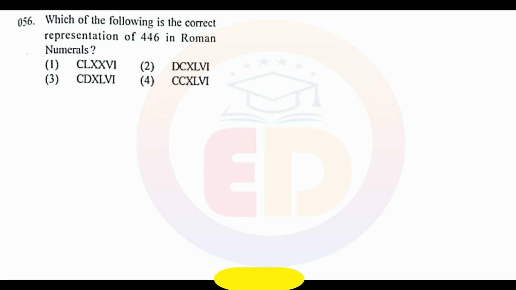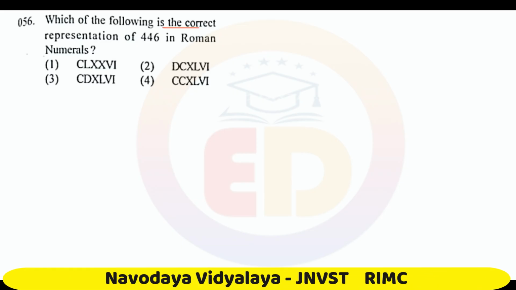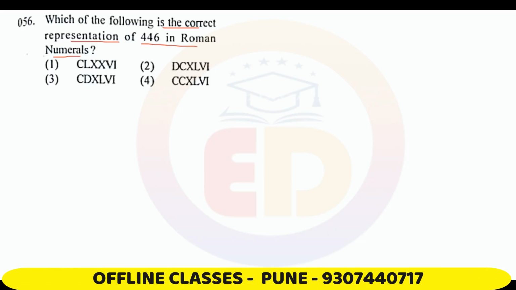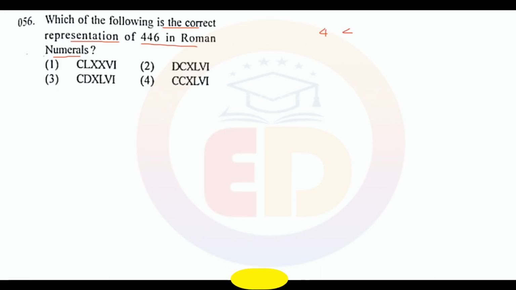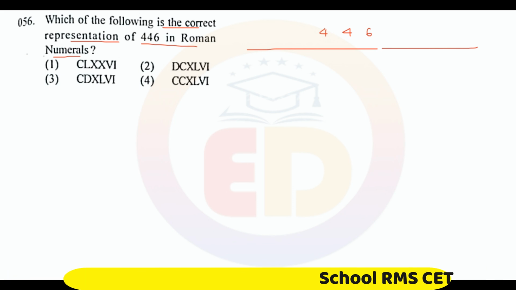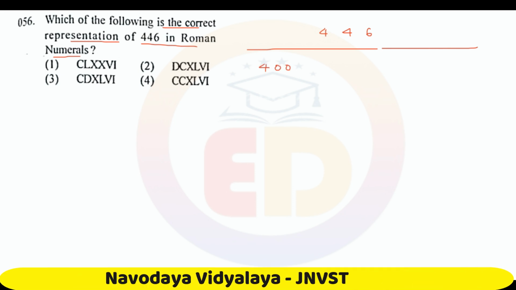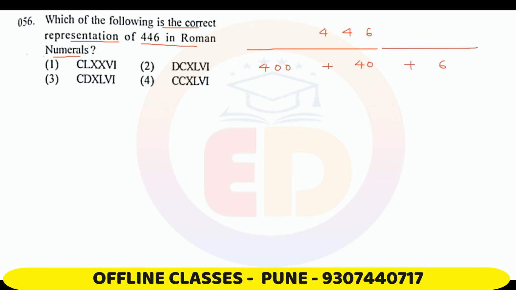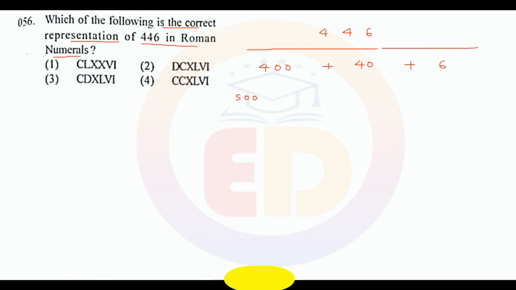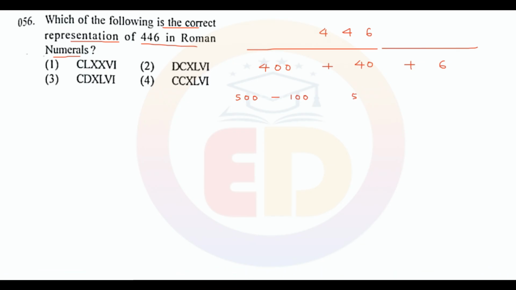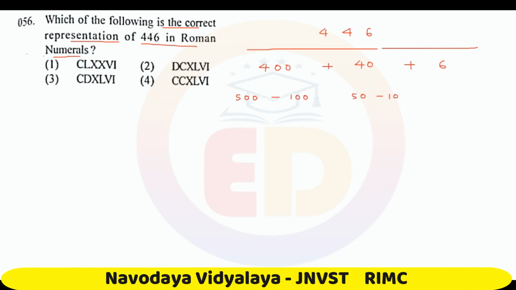Question number 56. Which of the following is the correct representation of 446 in Roman numeral? Now let us see how we can write 446. Let's break it down into 400 plus 40 plus 6. 400 can be written as 500 minus 100. 40 can be written as 50 minus 10.